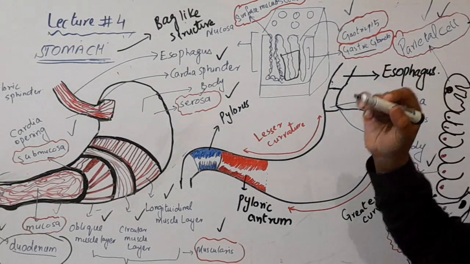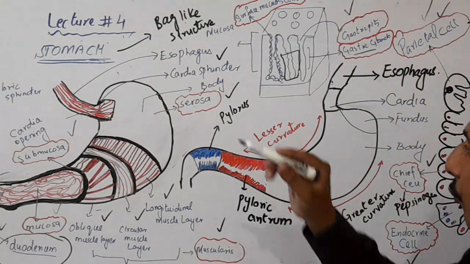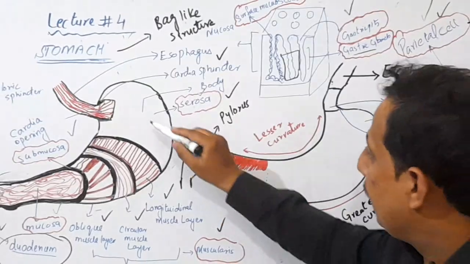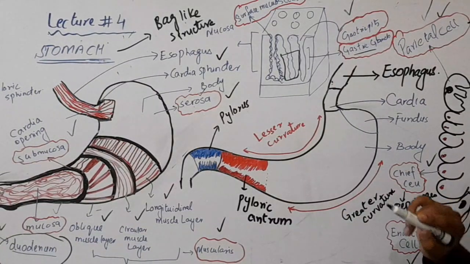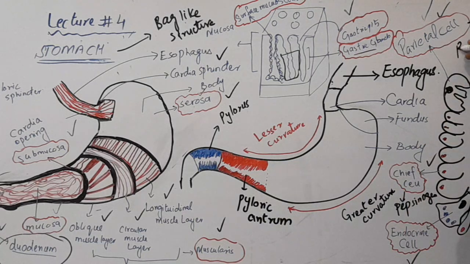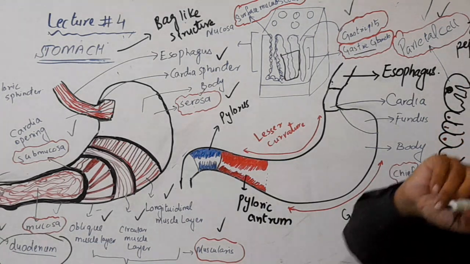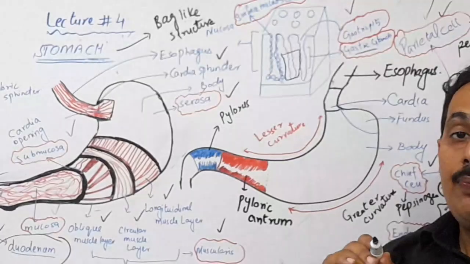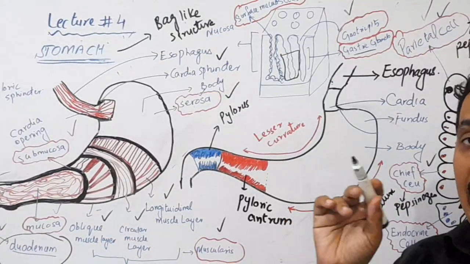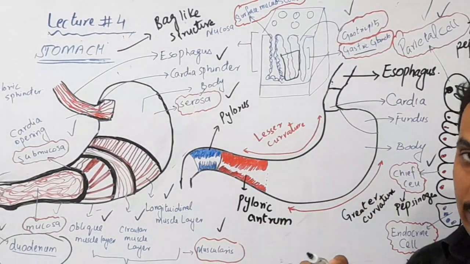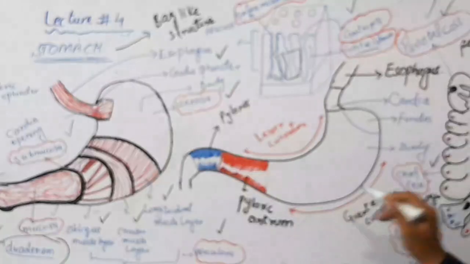This HCl, as it is secreted when the food enters into the stomach, activates the pepsinogen enzyme and converts it into pepsin. Pepsin is an active enzyme. These enzymes play an important role in converting the protein into small peptides. Right?